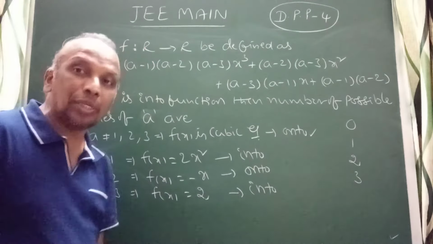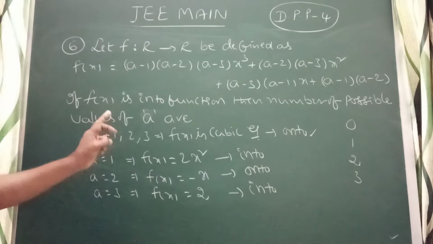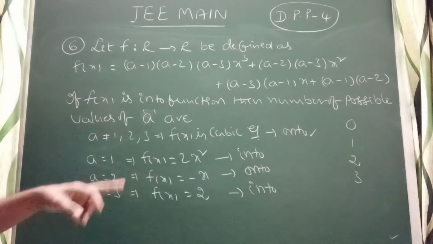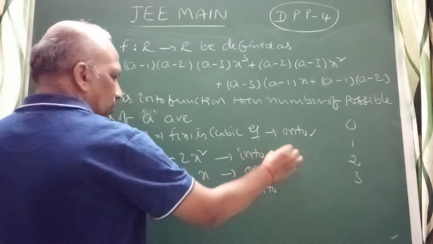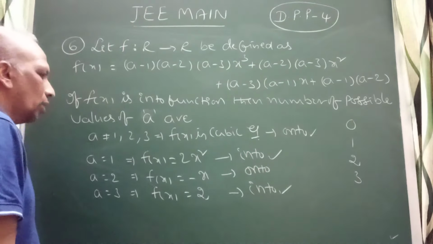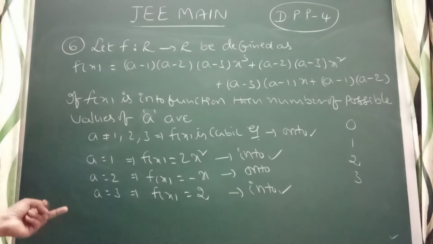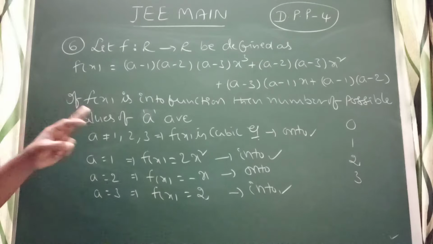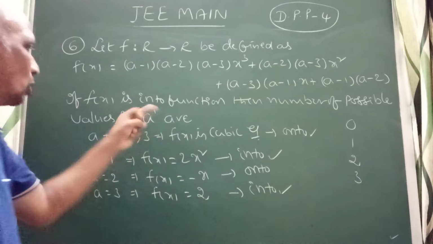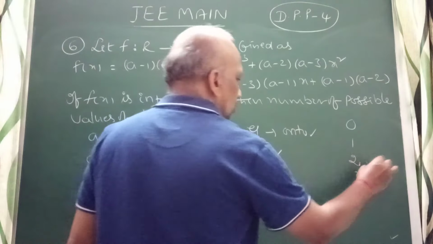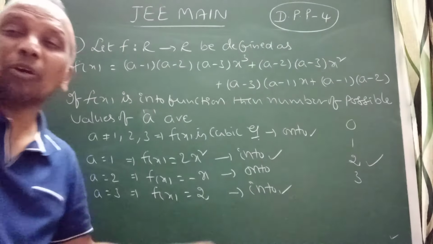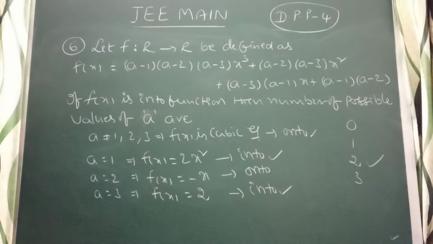So they are asking for values of a, and it is an into function in only two cases. The possible values of a are 1 and 3. They are asking the number of possible values, so it is only 2. The answer is 2.